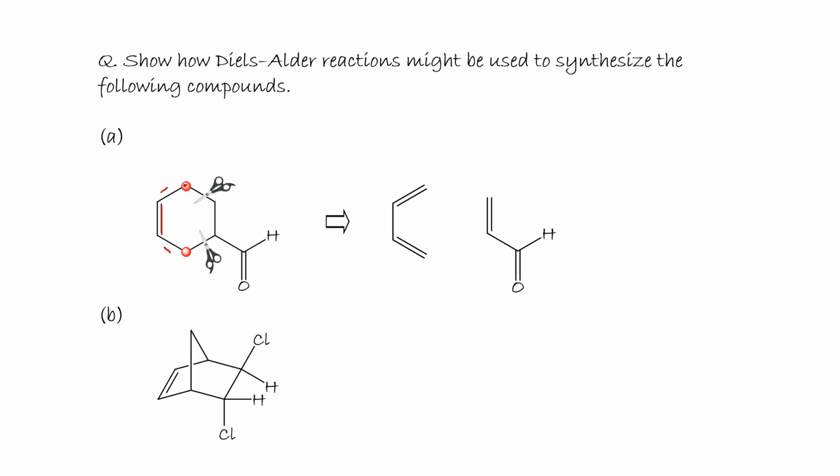For this molecule, 1 and 4, cut, cut. Here we have our diene, and since this chlorine is up and this chlorine is down, they are trans, so 1,2-dichloroethene is the dienophile.